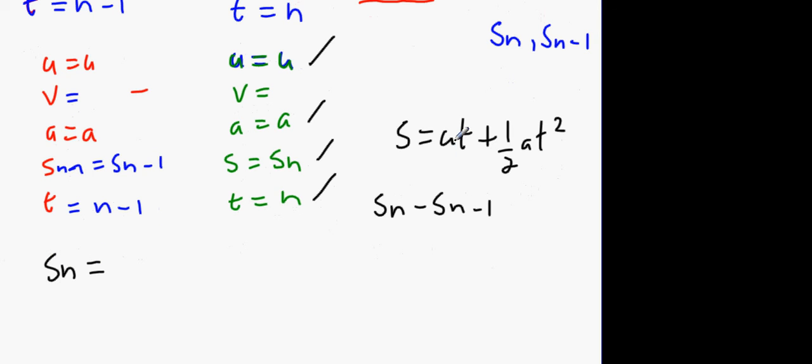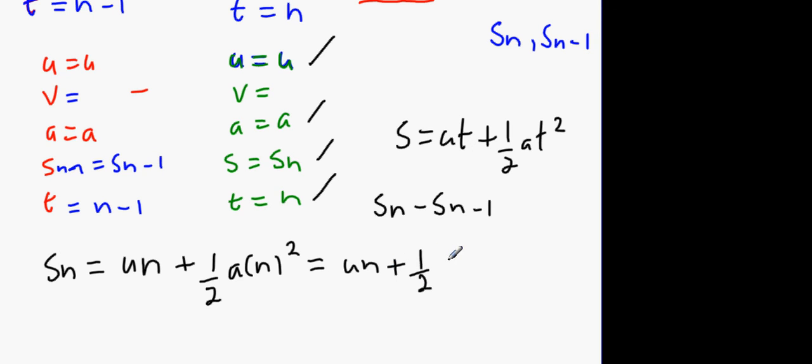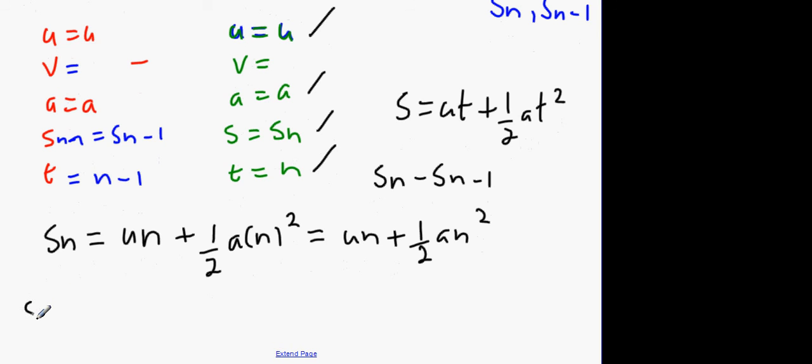ut is un plus a half a, t squared being n squared. That's going to be un plus a half an squared. The next one is S of n minus 1.